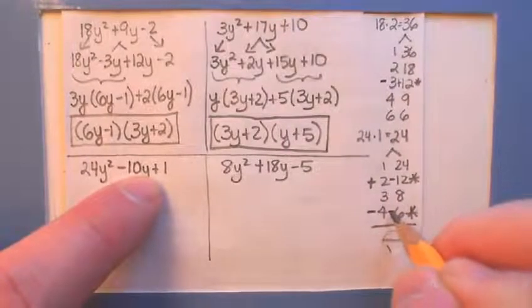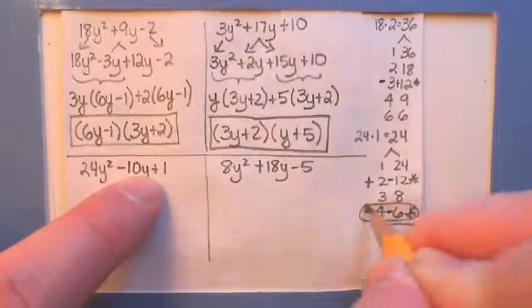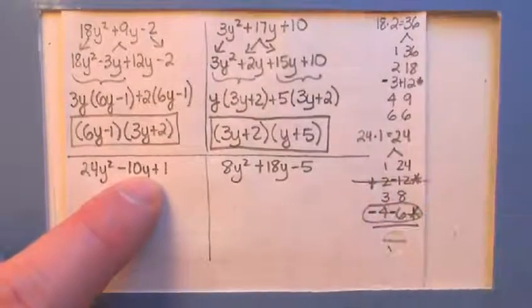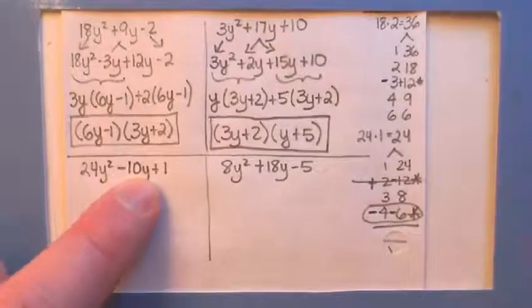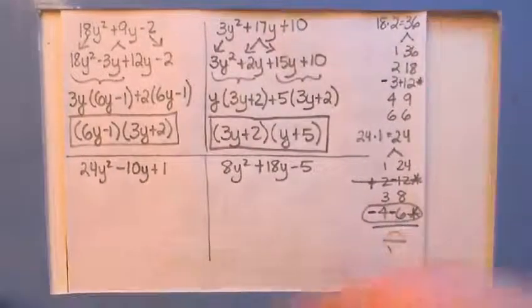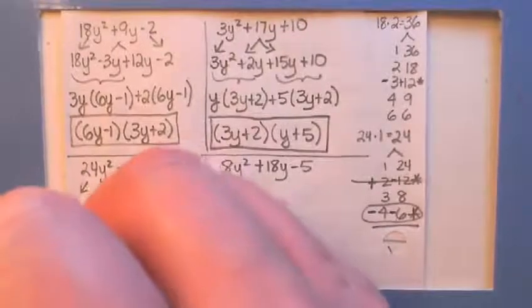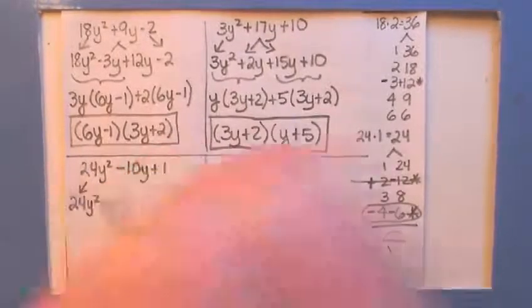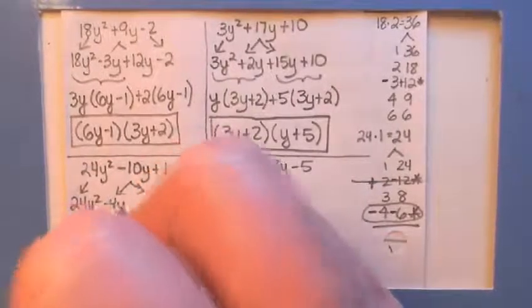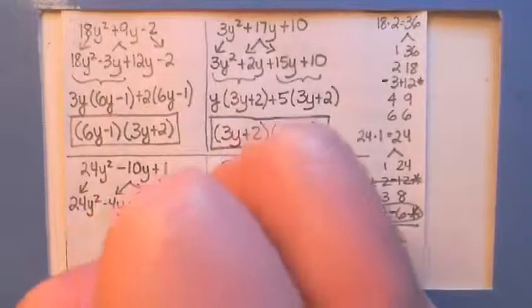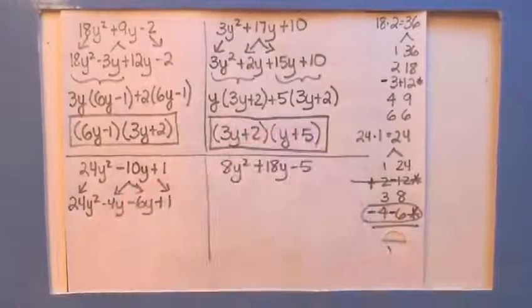When I multiply, a negative times a negative gives me a positive. But a negative and a positive does not give me a positive. So that means I'm going to use negative 4, negative 6. So copy 24y squared. Split the 10 as negative 4y minus 6y, bring down the positive 1.